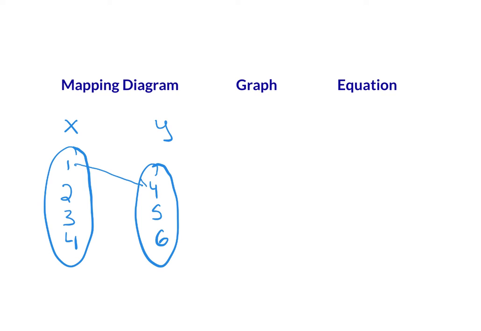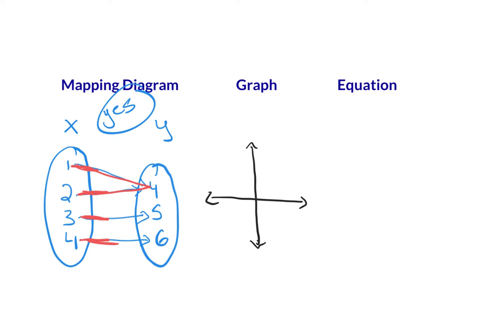Say 1 pairs with 4, 2 pairs with 4, 3 pairs with 5, 4 pairs with 6. Yes, this is a function. Every x value pairs with one y value. It's fine that 2 can pair to the same y as 1, as long as each x has just one.